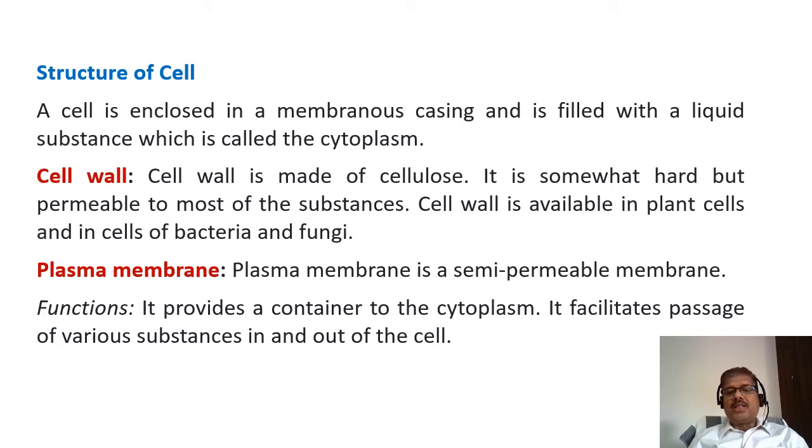The plasma membrane is a semi-permeable membrane. As far as its functions are concerned, it provides a container for the cytoplasm and facilitates the passage of various substances in and out of the cell.